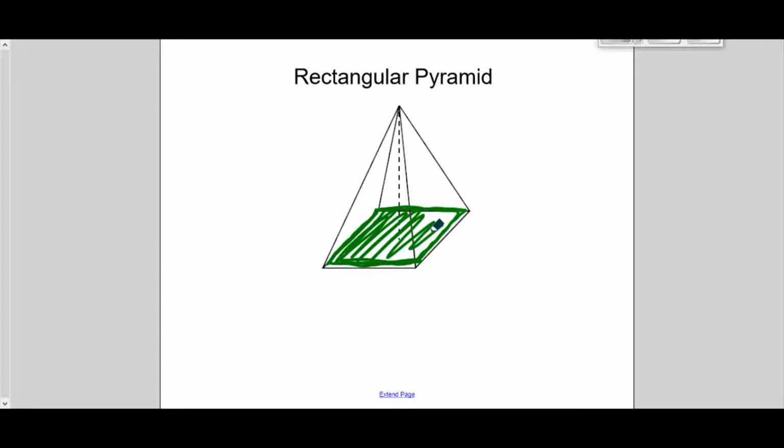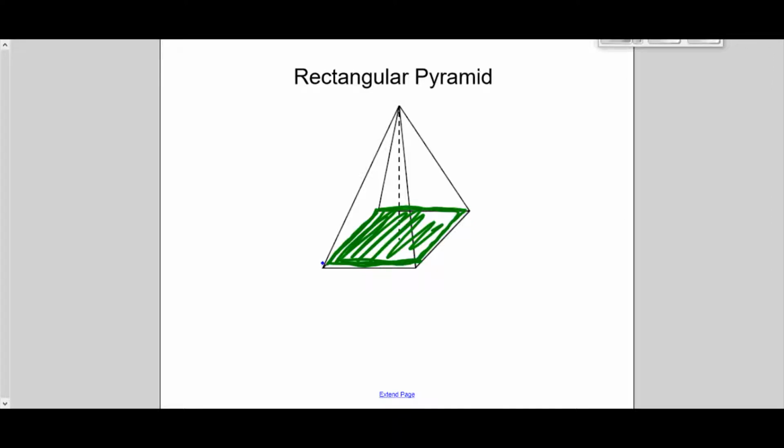Now notice, this is where we're going to draw the distinction between pyramid and prism. Remember, with a prism, you had to have parallel bases. So remember, if this was a square, then we were looking for a square to be parallel to that. With a pyramid, you're looking for the base shape, and then you're looking for where all the corners meet.